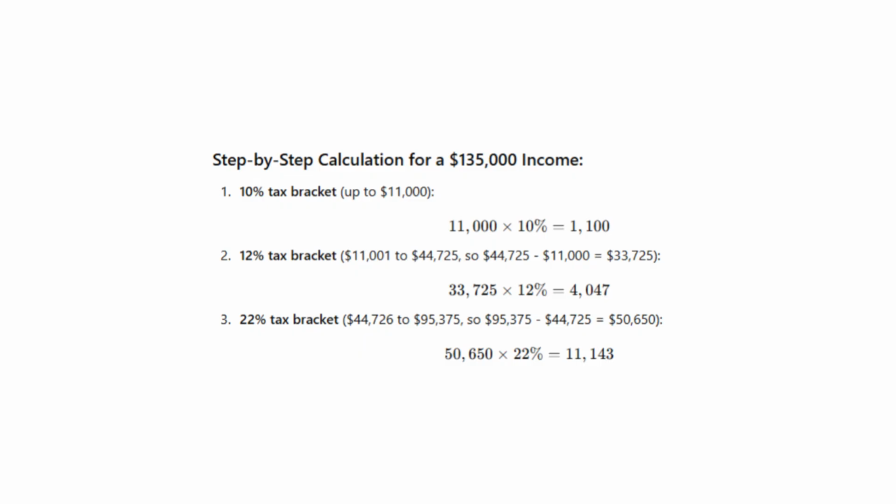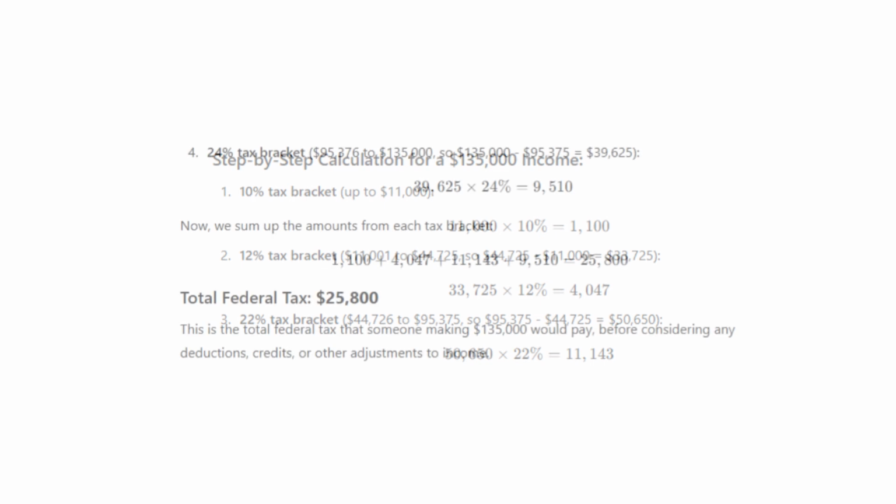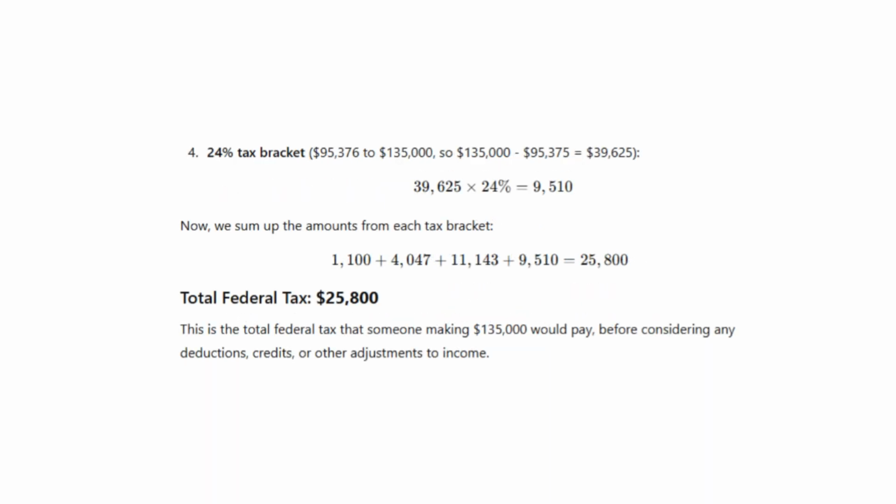Then, the income between $44,726 and $95,375 is taxed at 22%, resulting in $11,143. Finally, the portion of income between $95,376 and $135,000 is taxed at 24%, which amounts to $9,510.